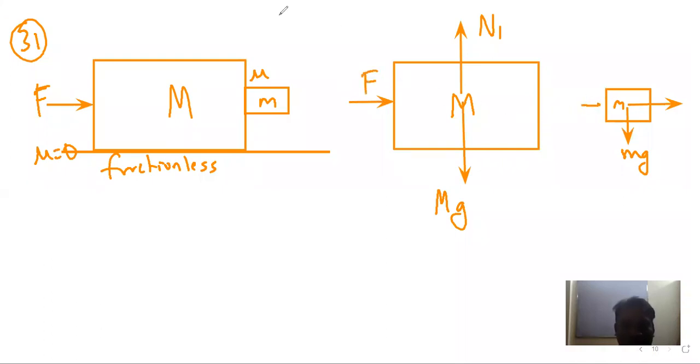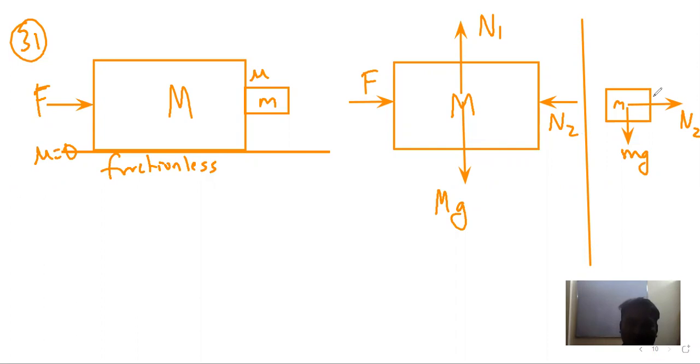There is normal reaction here, N2, let us say, on this block. So capital M is applying N2 force on small m. N2 is also applied by small m on capital M, an action reaction pair. Capital F is the applied force, N1 is the normal reaction by the ground on capital M, and Mg acts in the downward direction.